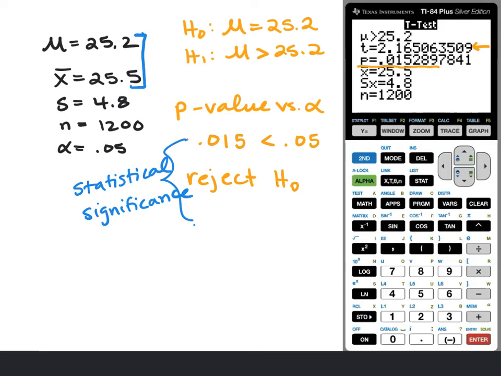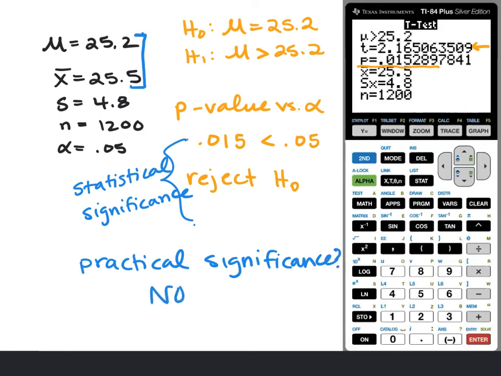So is that really something that we need to go in and say mothers are giving birth to their first child later in life because of 4 months? No. So the practical significance is a big no. There's only 4 months different.